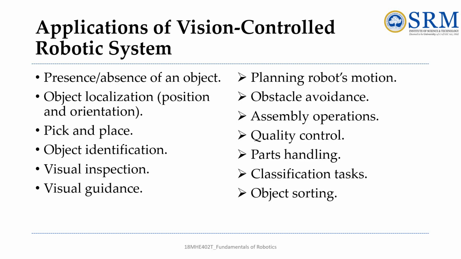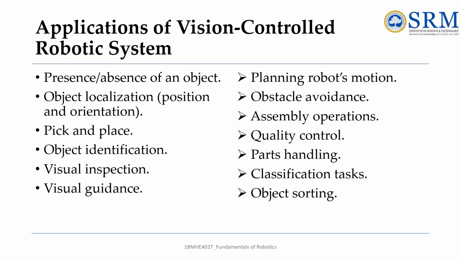Next, so some applications of a vision controlled robotic system. So it has many uses. It can tell if an object is there or not. Okay, figure out where it is. Okay, that is presence or absence of an object, and how it's positioned, and even grab it.